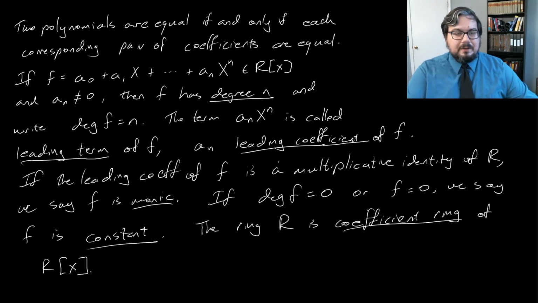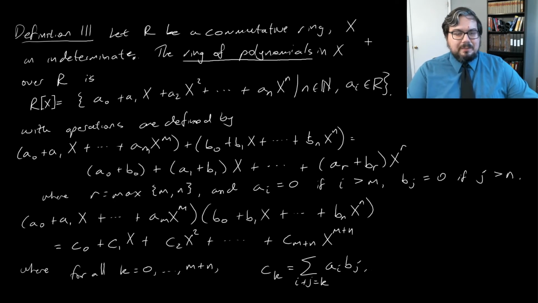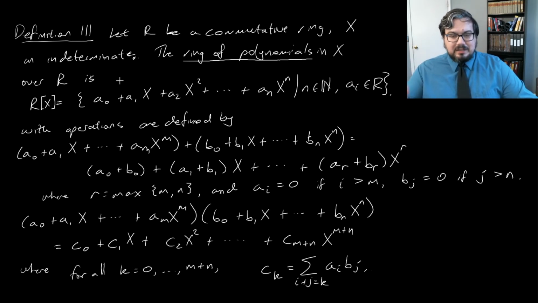Okay, so a few things to note here. Back at the beginning of the definition, I mentioned that x is an indeterminate. In abstract algebra, polynomials are not seen as functions, and so in particular, this symbol x is not seen as a variable.